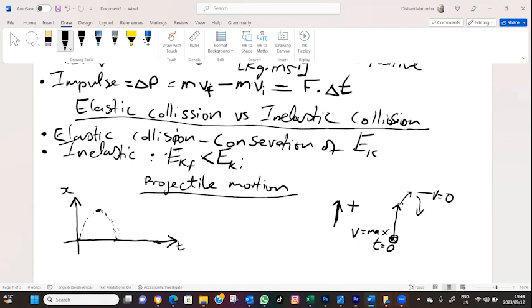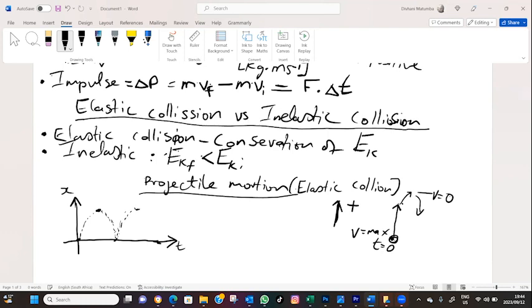And then if it bounces, I'm going to make an example. If you throw a ball and there's conservation of kinetic energy in the collision, it means if the ball bounces, it will return back to the initial position because the energy is conserved.